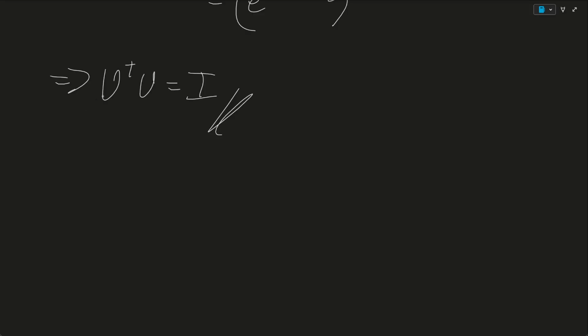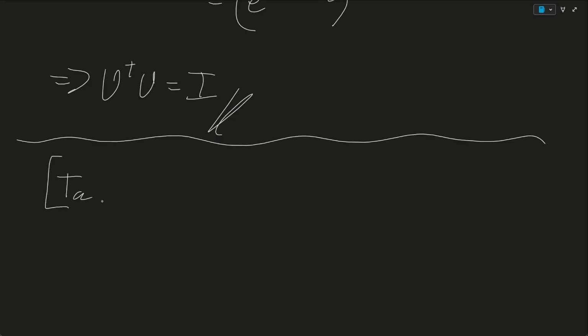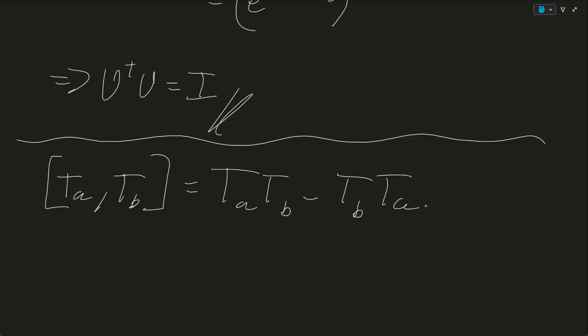for matrix Lie groups, as we've been focusing on so far, the natural product on the Lie algebra is the commutator. So if we have T_A, T_B, where these are two Lie algebra elements, then it's T_A T_B minus T_B T_A, and this is our commutator.